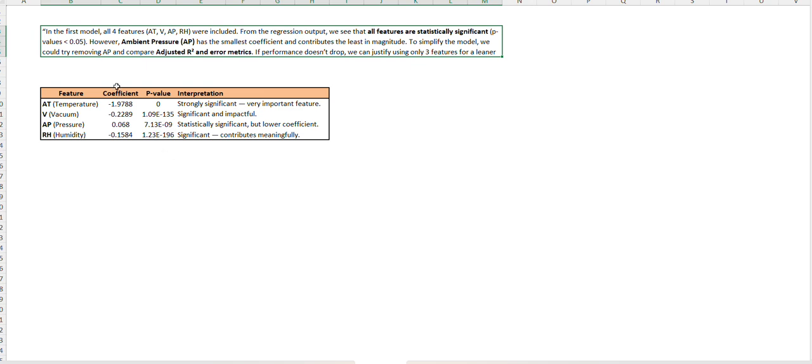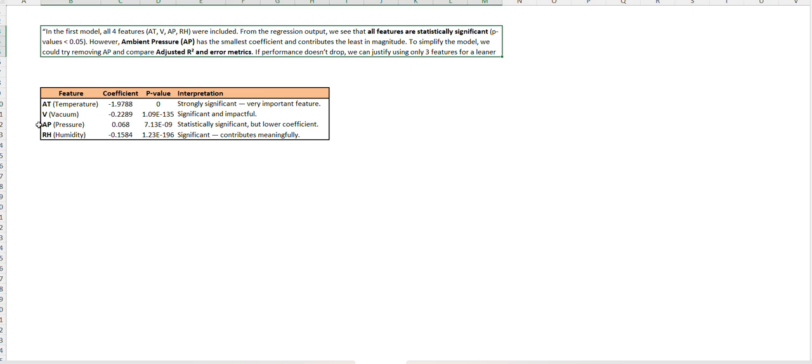However, if you see the coefficient of the ambient pressure, AP has the smallest coefficient and contributes the least in magnitude. To simplify the model, we could try to remove AP and compare the adjusted R square and the error metrics. If the performance does not drop, we can justify that only three features are good enough.